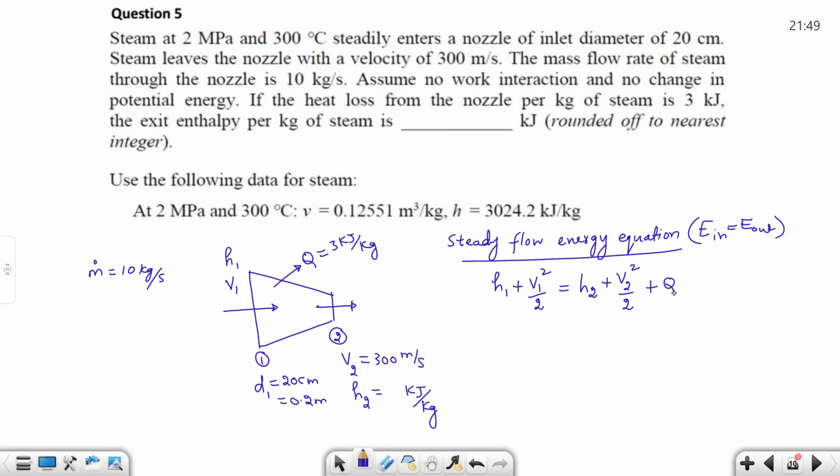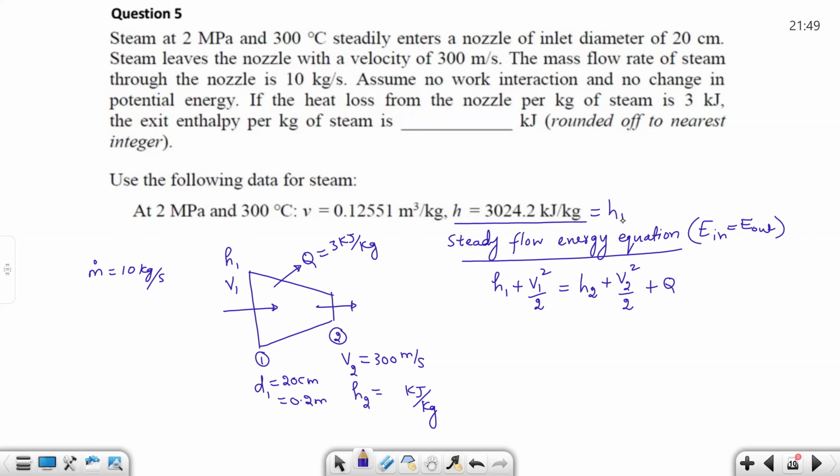Enthalpy at the inlet is given for 2 MPa and 300, so H1 is known. V2 is known. V1 we need to find out, so that with Q known we get H2.